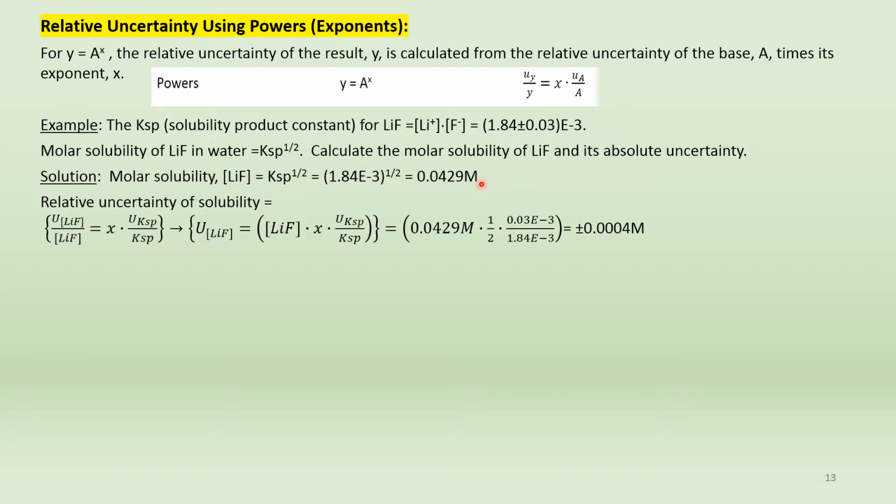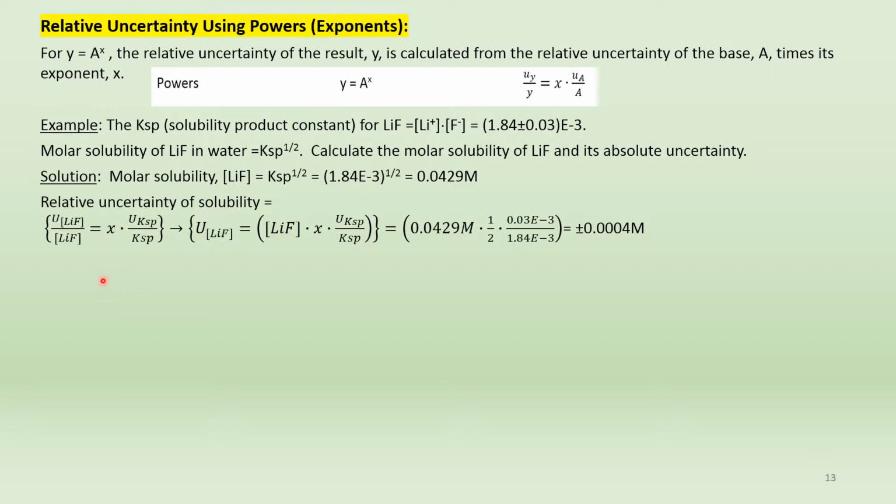What about the uncertainty? So again, look at the formula. The relative uncertainty of the result, which will be the molar solubility of the lithium fluoride, is equal to the exponent times the relative uncertainty of the Ksp, whatever was taken to the base a.